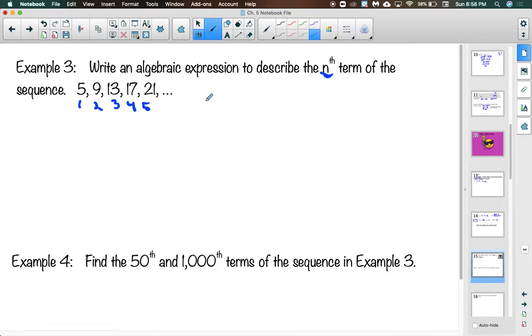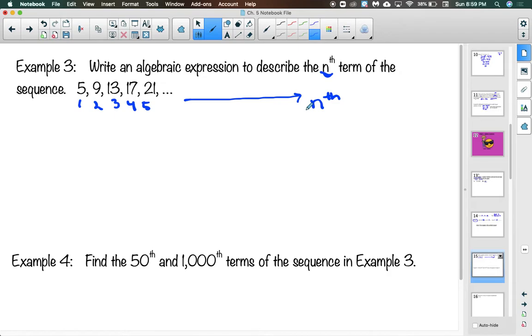If I keep going, is there an algebraic rule to help me describe the nth term? And n is a variable that could stand for any number that we want, helping us find any term that we want. I could put 100 in there and I could find the 100th term, or 500, and I could find the 500th term. This is pretty good algebra here.